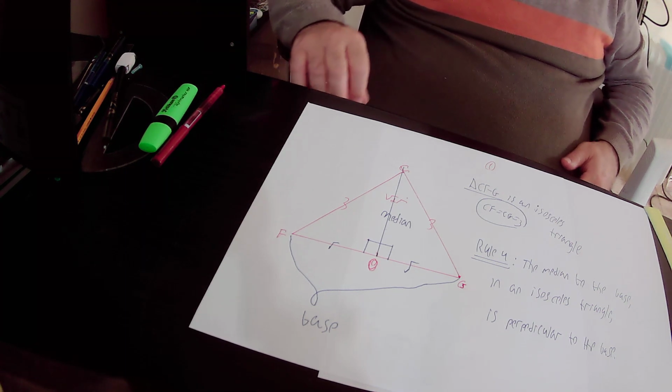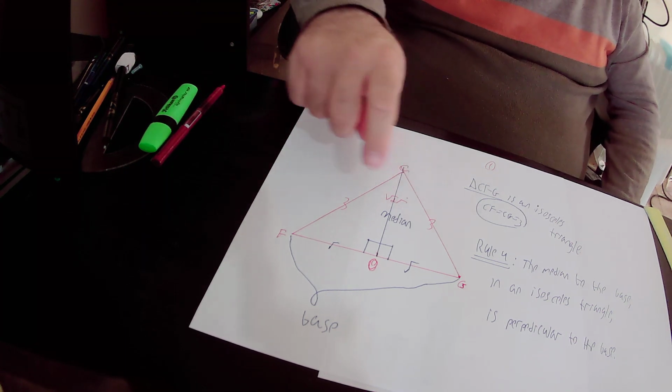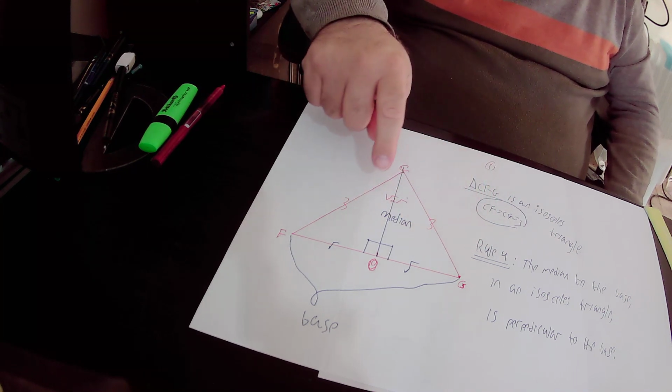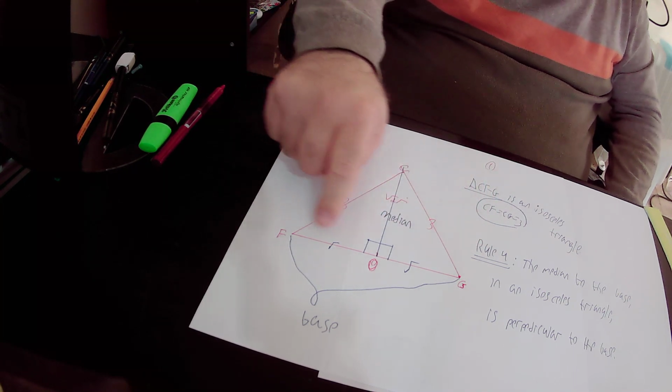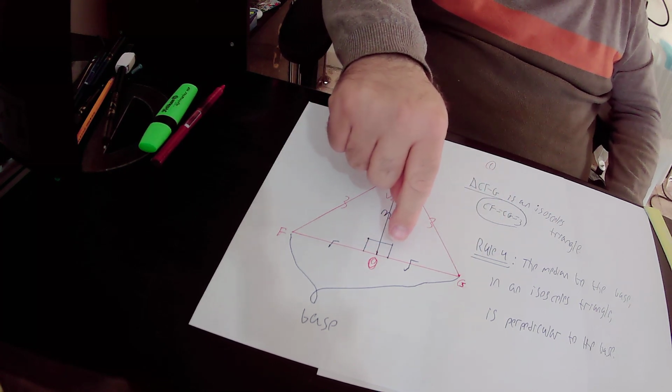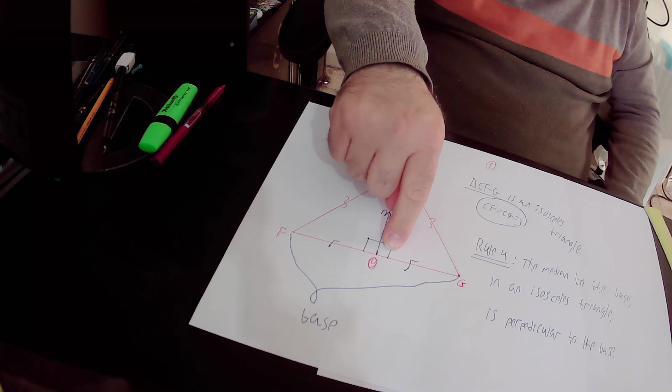Okay, again, the median CO to the base FG is perpendicular to the base FG. That is to say, CO is perpendicular to FG. That is to say, this angle equals 90 degrees, and this angle will be also equal to 90 degrees according to rule number 4.